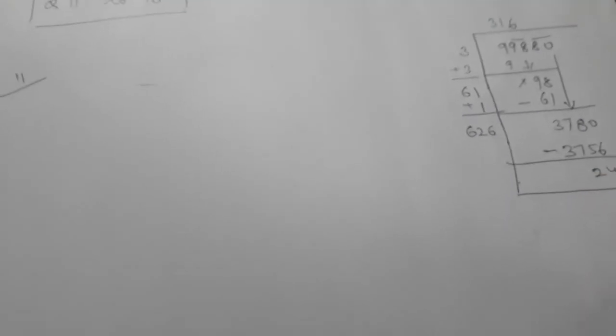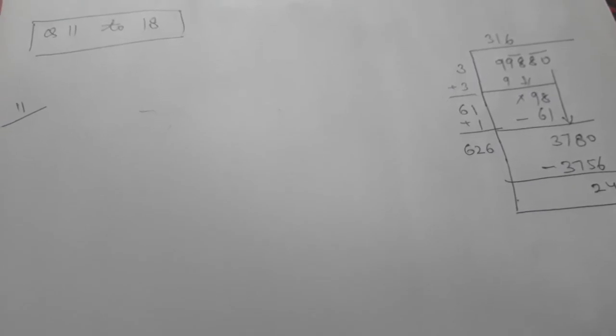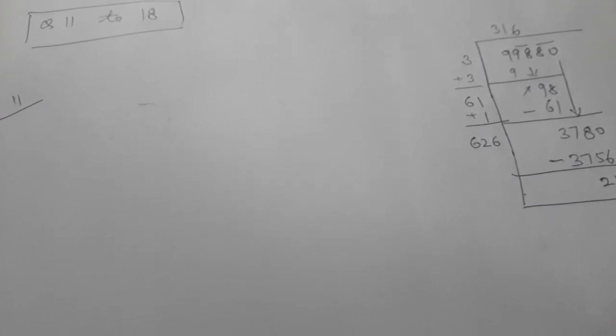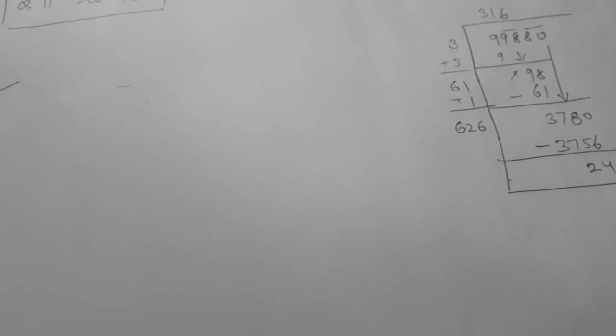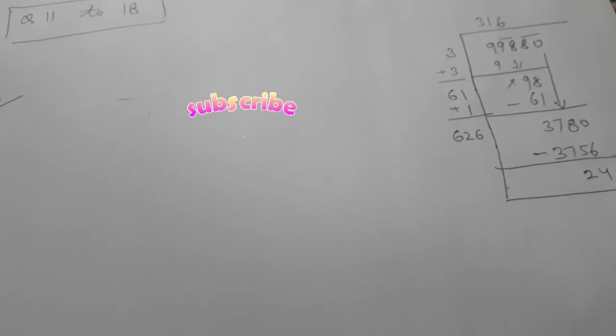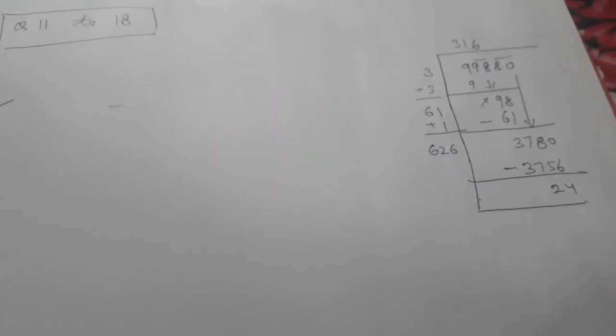Here we have been asked to find the least number which should be subtracted from the given number so as to make it a perfect square. So 24 is the least number.